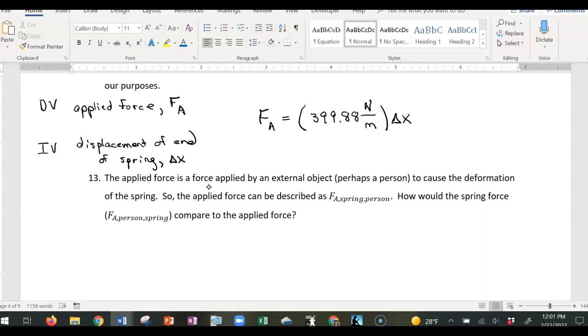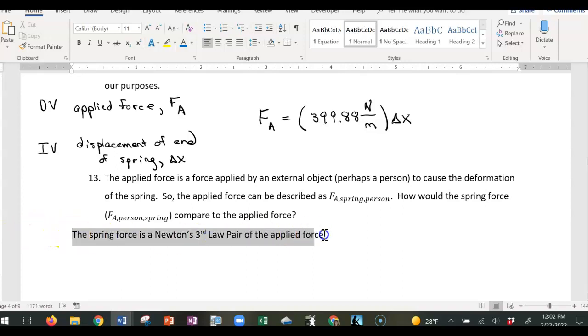How would the spring force, that's the force that the spring is exerting on the person, compare to the applied force? So the spring force is a Newton's third law pair of the applied force.